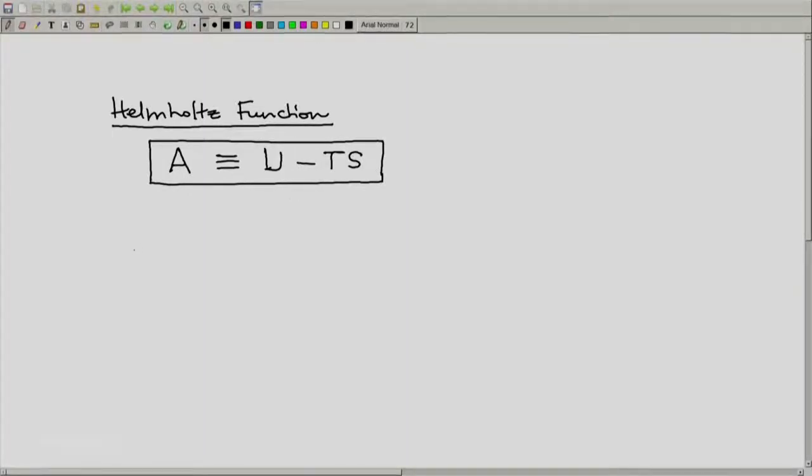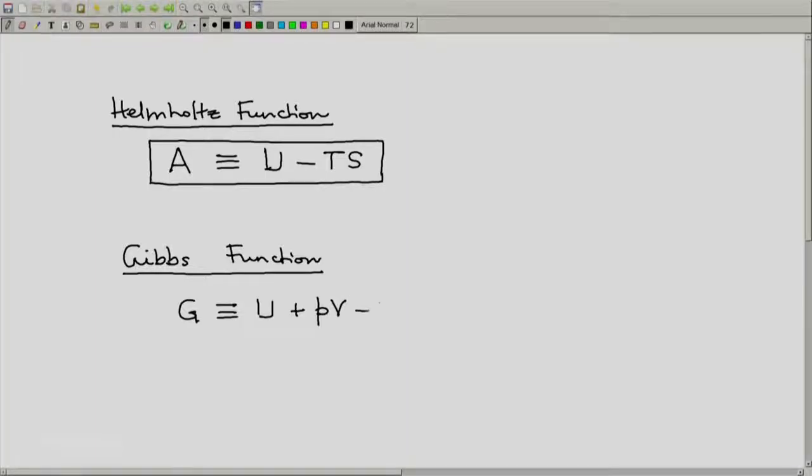And the fourth energy function which we will define and use is the Gibbs function. The symbol is G, and it is defined as U plus PV minus Ts.